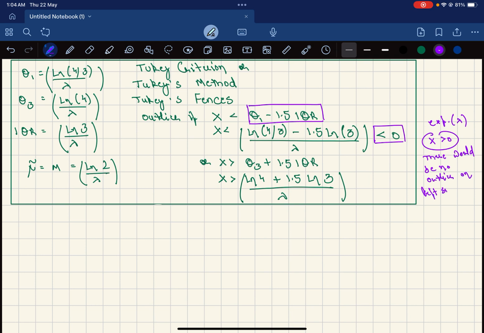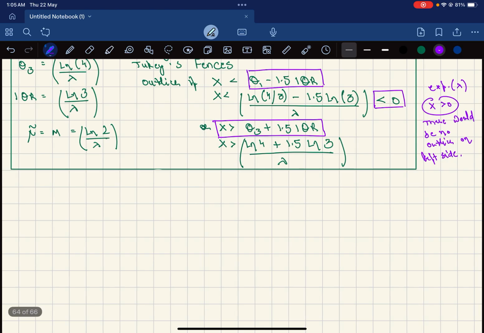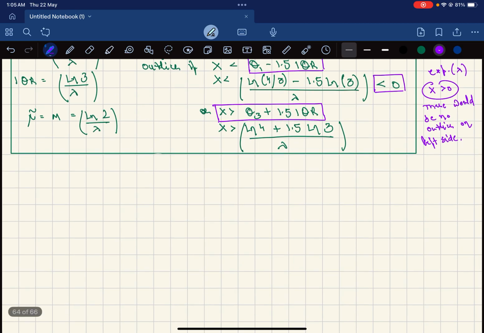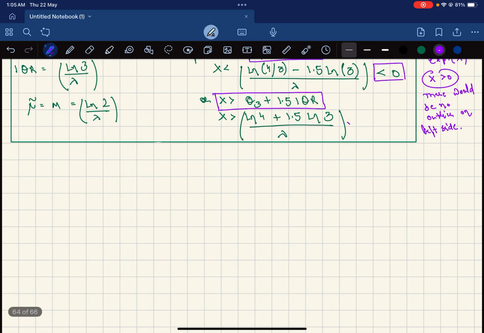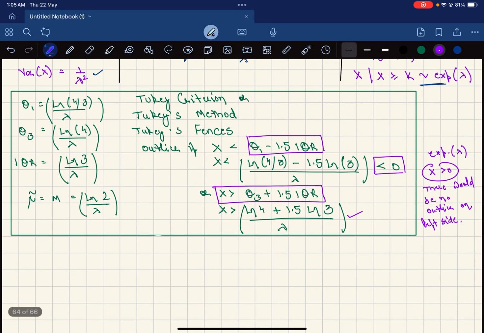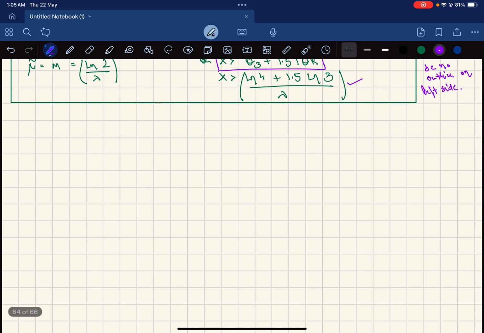There will be outliers on the right side of the distribution using this relation, where the value of x is greater than log of 4 plus 1.5 times log of 3 whole divided by lambda, which is the parameter of the distribution. So this was the Tukey criterion.